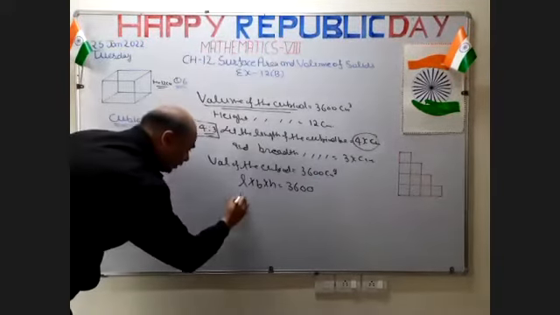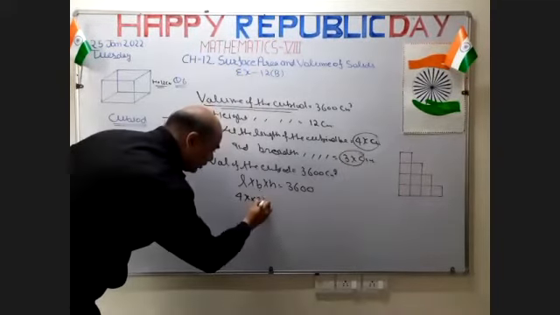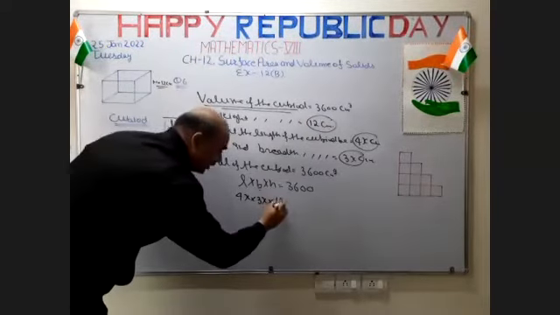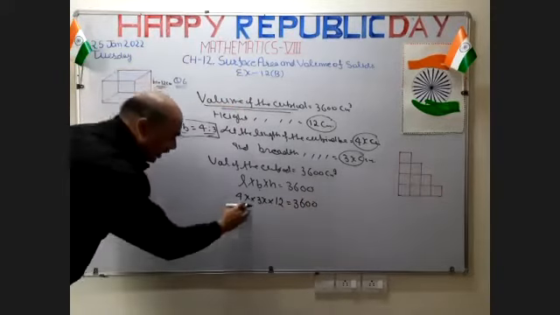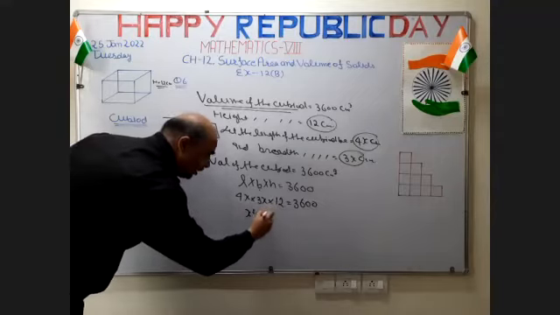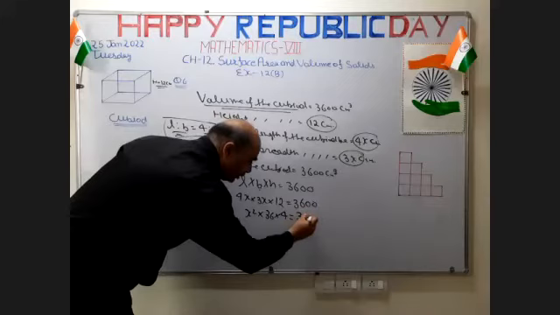So right here 4x. What is breadth? Breadth is 3x. So right here 3x. Now the height in this question is given, which is 12 centimeter. So right here 12 centimeter equal to 3600. Okay. Now see, x into x, x square. 12 threes are 36, and it is going to be multiplied by 4, equal to 3600.